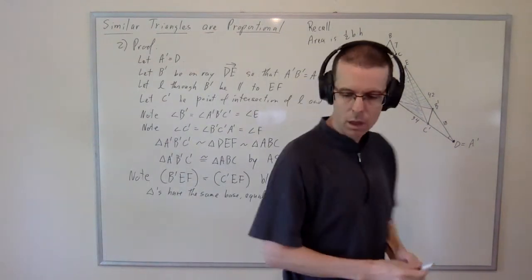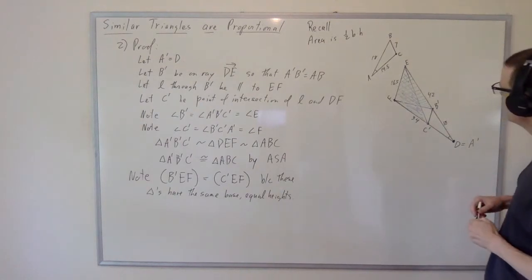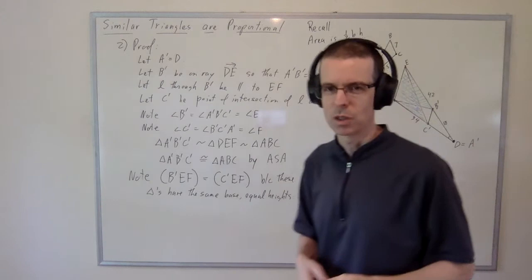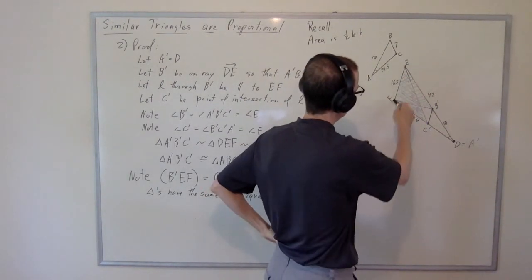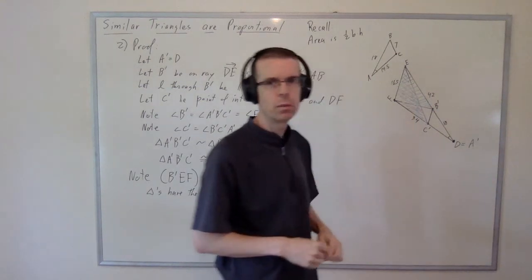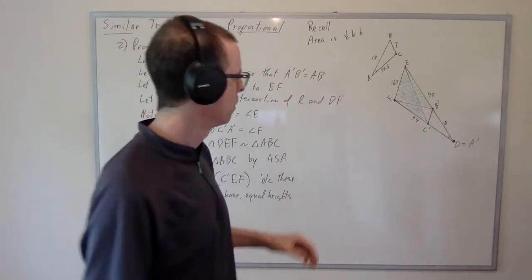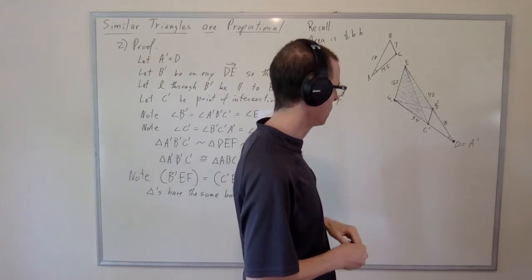So what? Well, if those triangles are equal in area, then we get an equality of their negative portions, right? So each of these triangles is part of this larger figure, which is the DEF triangle. And so we can take the complements of these triangles within the larger figure, and then we know that those things have equal area too.